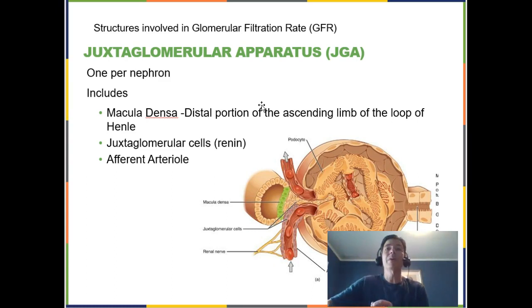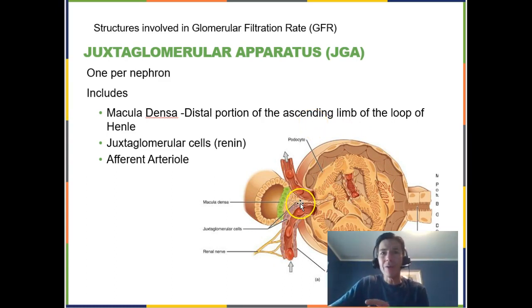The first thing you want to be familiar with is this term here, the juxtaglomerular apparatus, which just refers to all of this here, which is close to the glomerulus. The parts of the juxtaglomerular apparatus that we care the most about are the macula densa, highlighted in green right here. This is a group of cells that are in part of your distal convoluted tubule, or the very top of the ascending limb of your loop of the nephron.